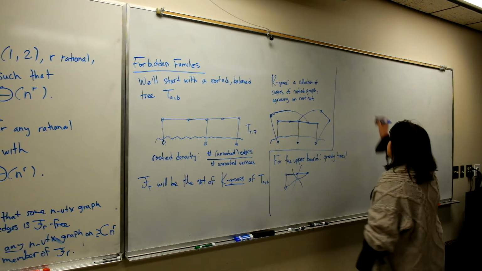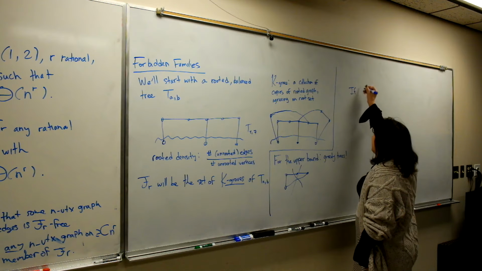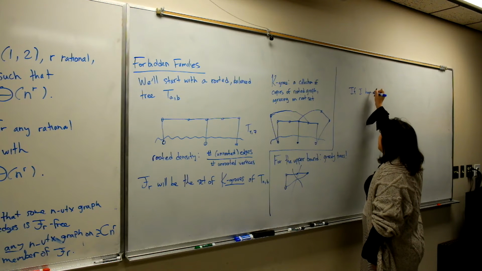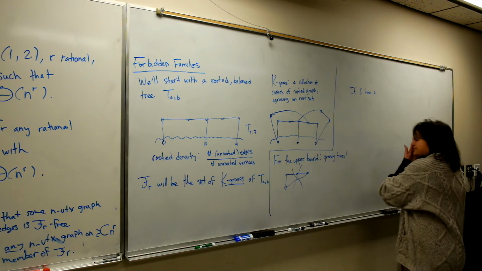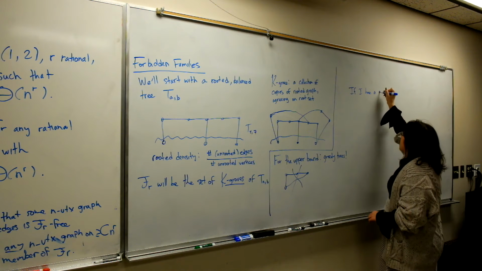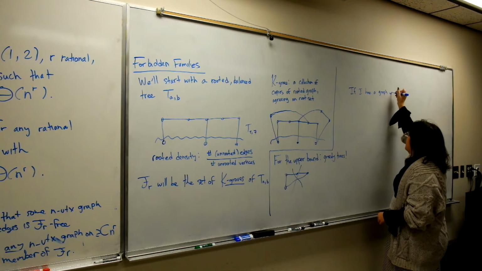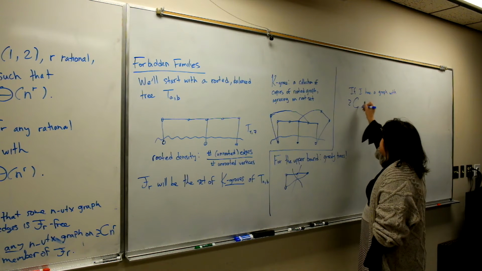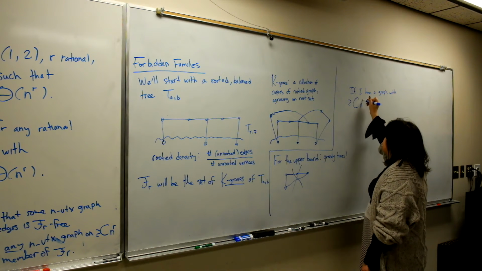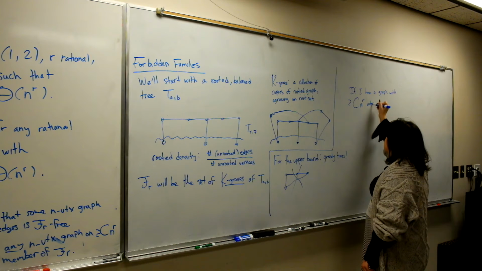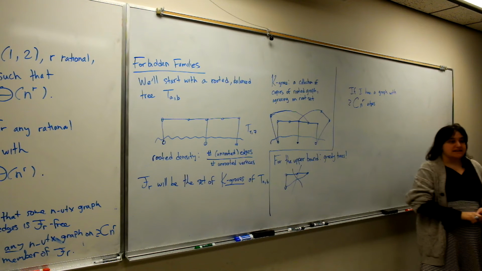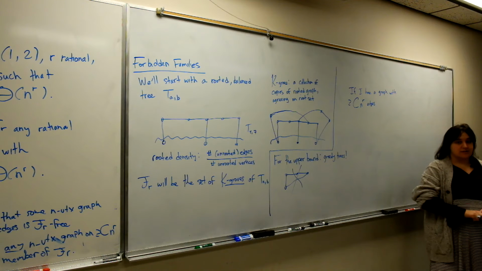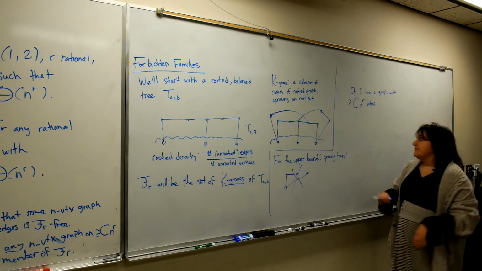So the idea is, if I have a graph with at least this big C times n to the r edges, well, I can translate that into an average degree condition, right? Just using the handshaking lemma.